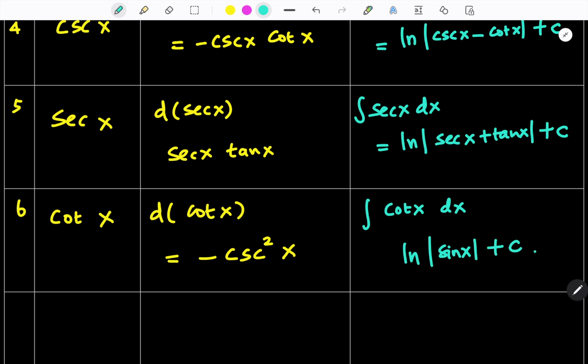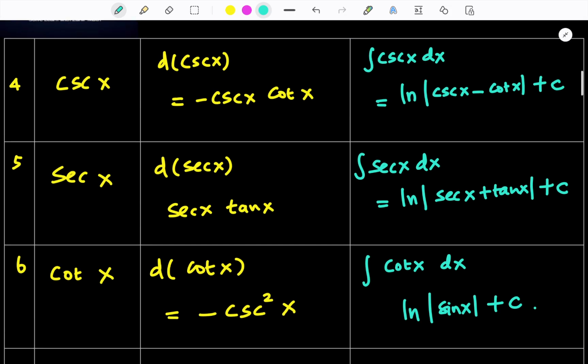You have to memorize this. Right. After that, I wanted to say one more thing.